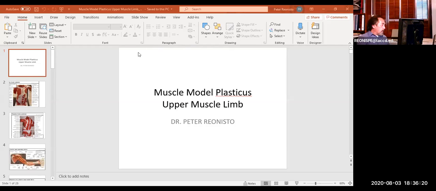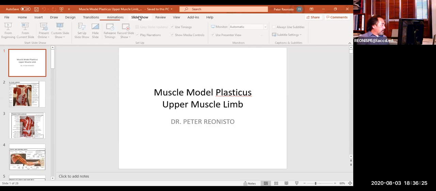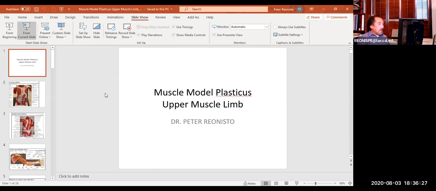All right, so I'm going to share the muscles of the upper limb models first, and then we're going to go to the lower limb later on.